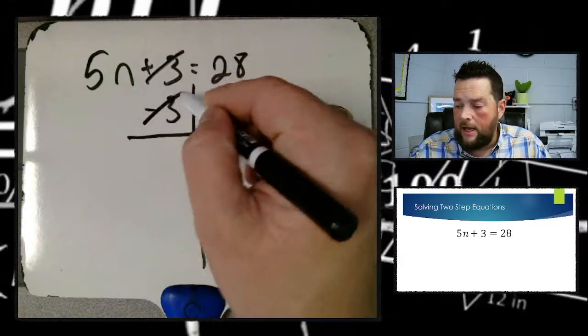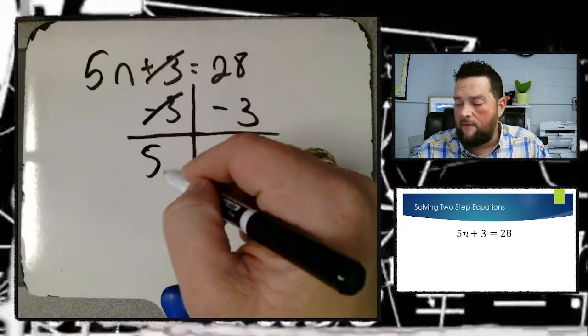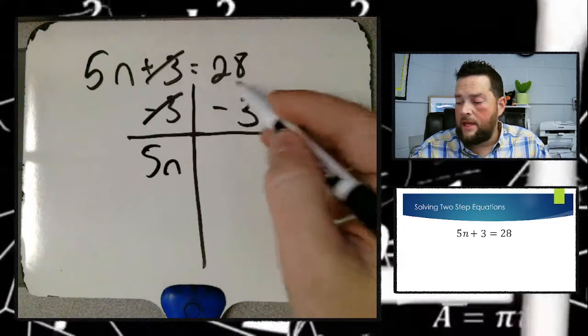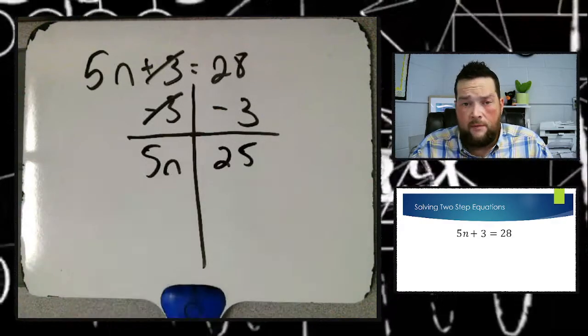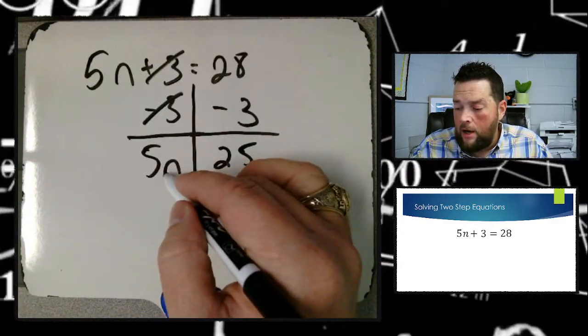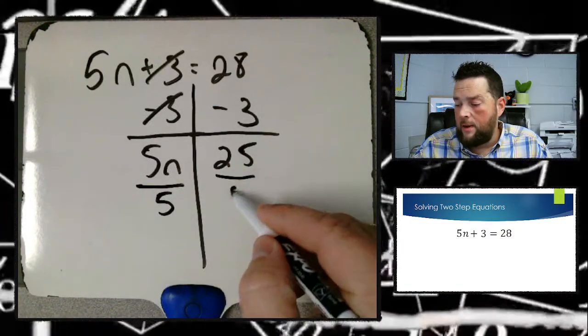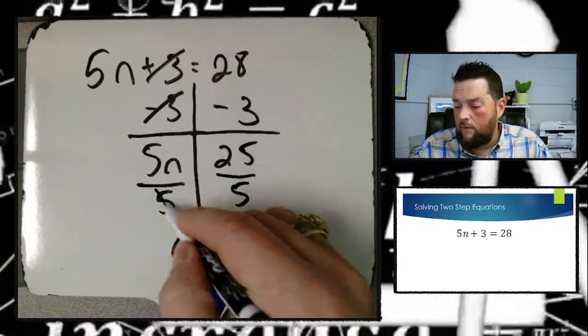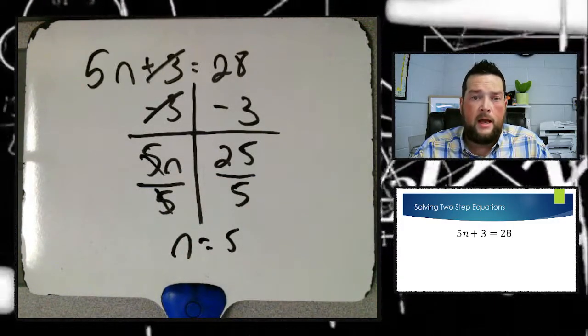These 3s cancel out, 3 minus 3, and we have 5n left over. And on this side, 28 minus 3 is 25. Then in order to solve this, we have to undo this multiplication, which means we have to divide by 5. And on the other side, we have to divide by 5 as well. So we've got n equals 5, and that's our final answer. All right, n equals 5.